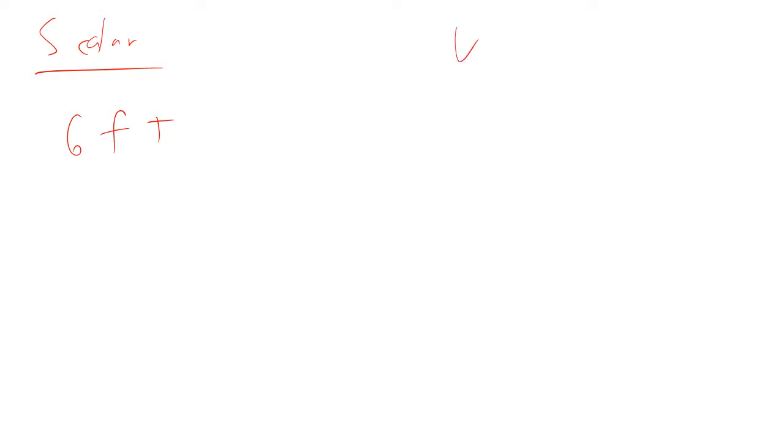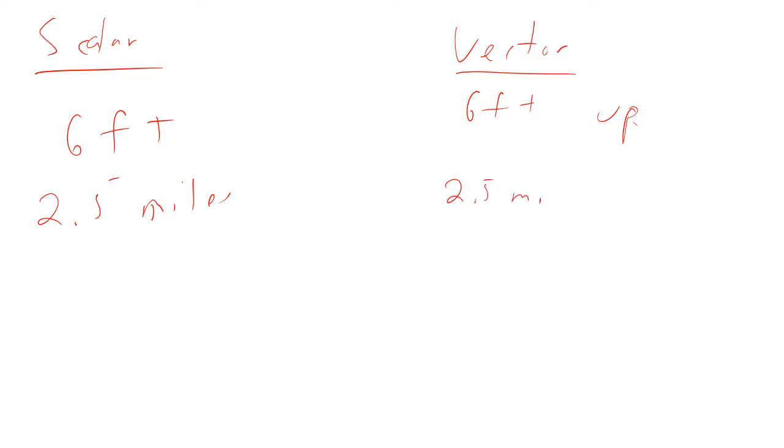A vector would be 6 feet up. A scalar might be 2.5 miles, and on the other side, a vector could be 2.5 miles north. That'd be an example vector.